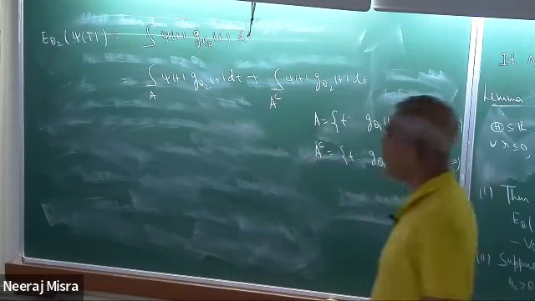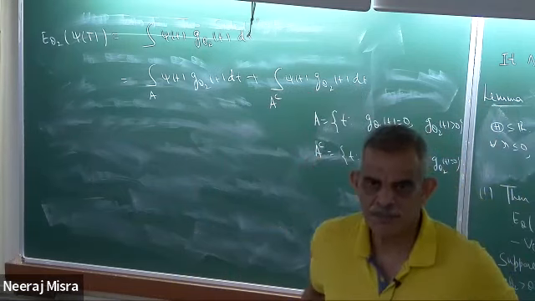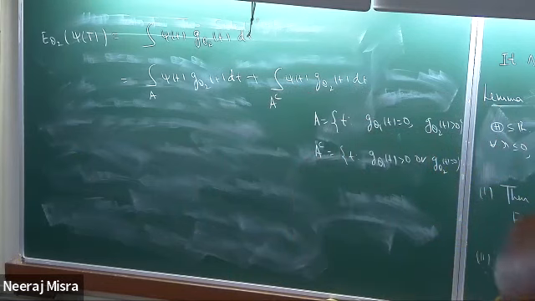What can you say about the points in A? Points in set A. Note that over here, what is happening to g theta 2t upon g theta 1t in A? Infinity.